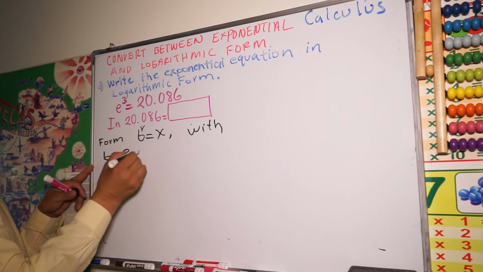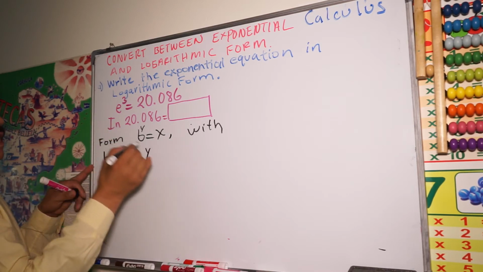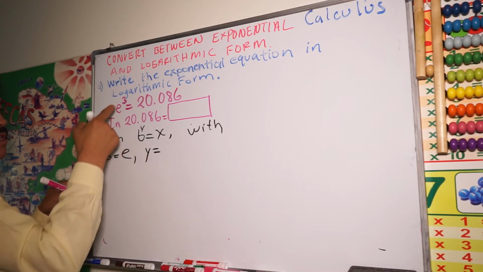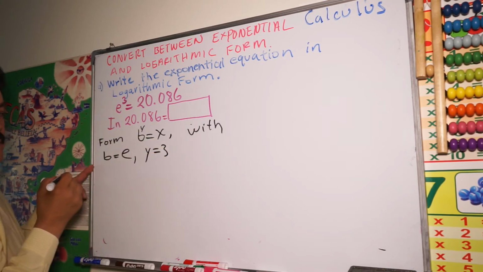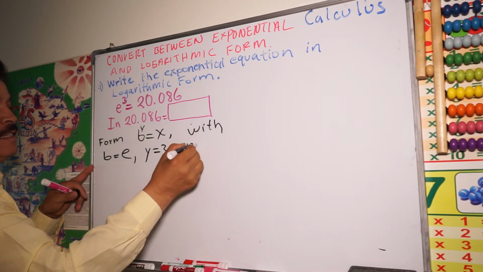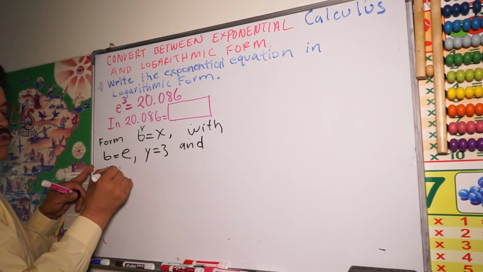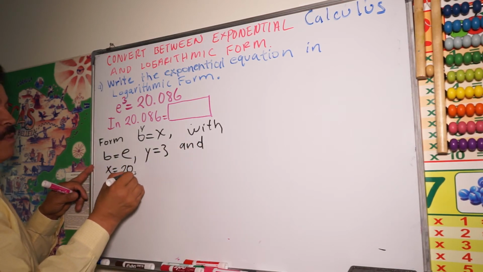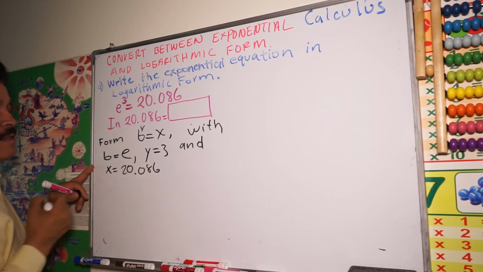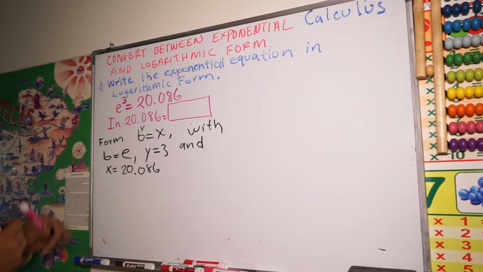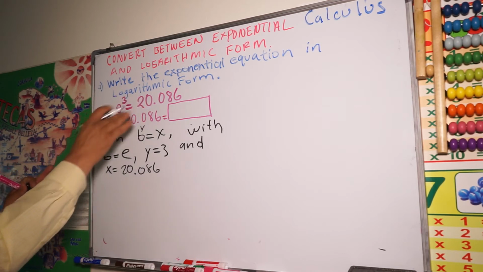How much is y? Y is 3. And x is 20.086. That's the data that we have.